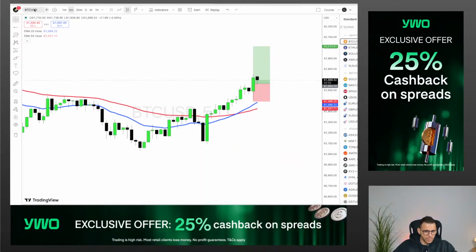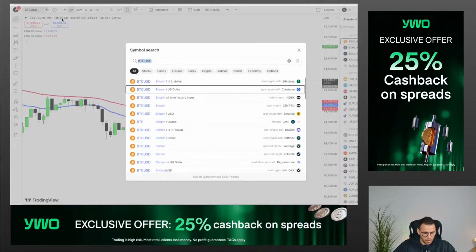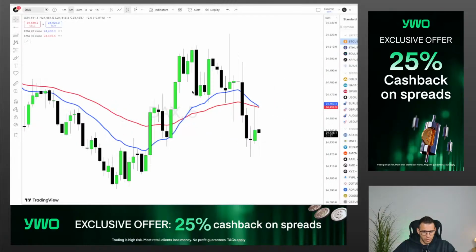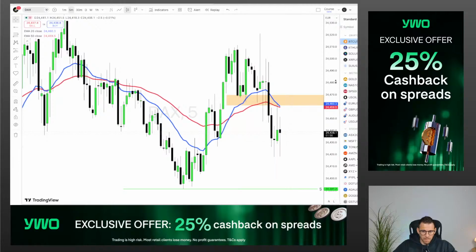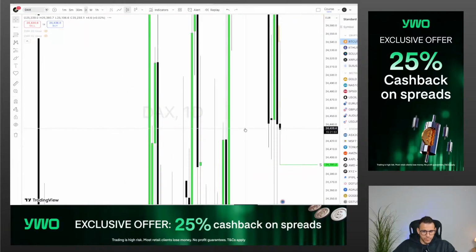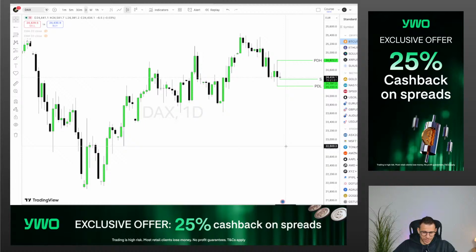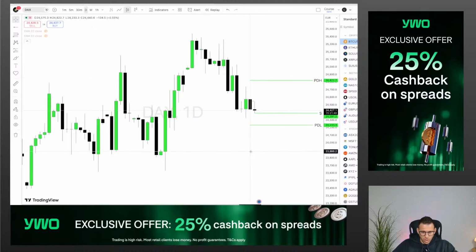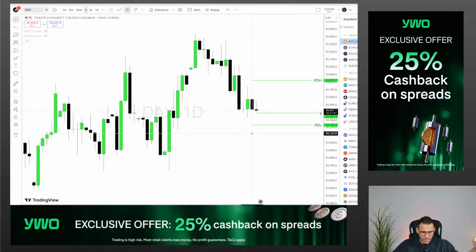Let's check DAX. DAX, for those who don't know, is the German index, like the Nasdaq, the S&P 500, the Dow Jones.